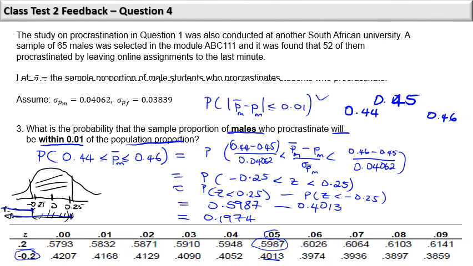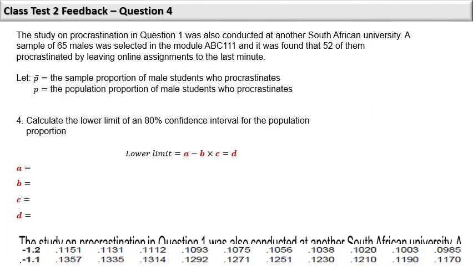In question 4, they're saying the study on procrastination that we've been discussing was conducted at another university in South Africa. For this study, a sample of 65 males was taken from the module ABC 111, and 52 of the males were found to procrastinate.